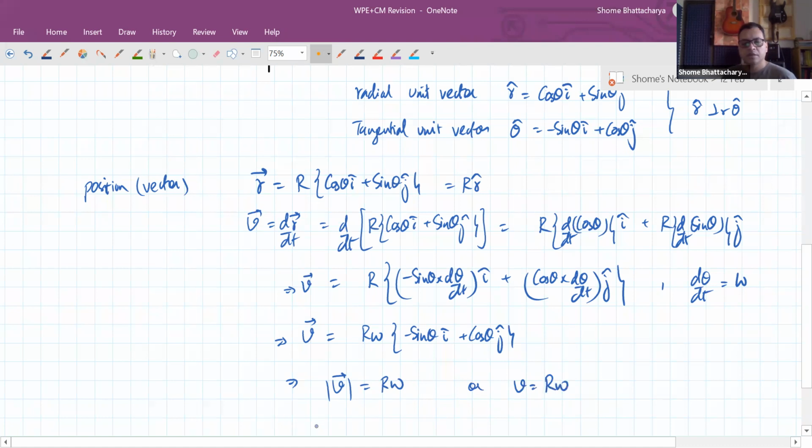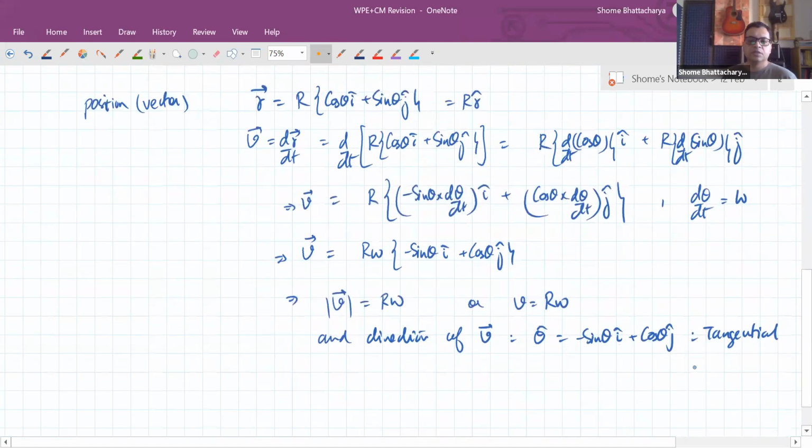Okay. And the direction of the velocity vector is nothing but theta cap, which is the tangential unit vector. So it is tangential in direction.